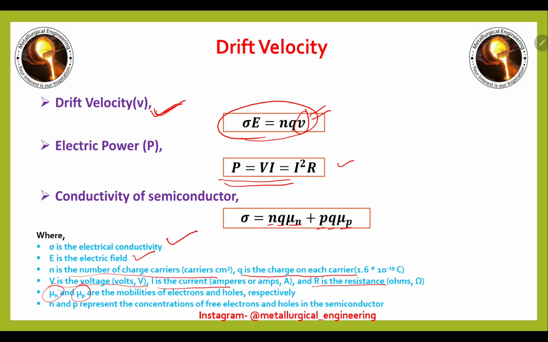Mu n and mu p are the mobilities of electrons and holes, mu n for electrons and mu p for holes. N and p represent the concentration of the free electrons and holes in the semiconductor.